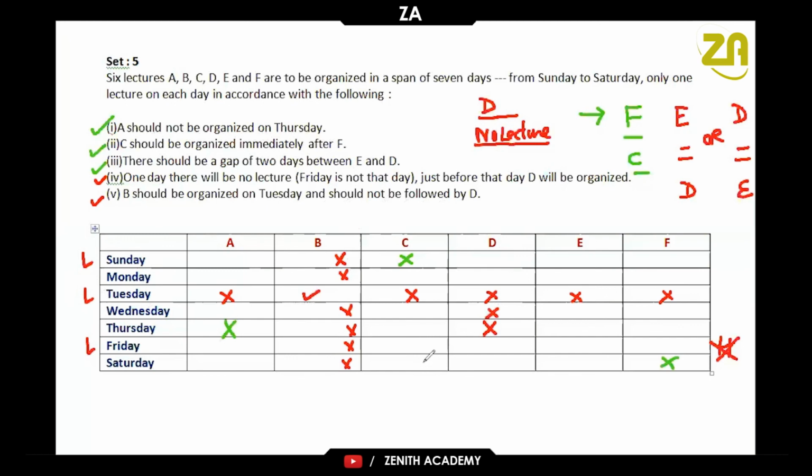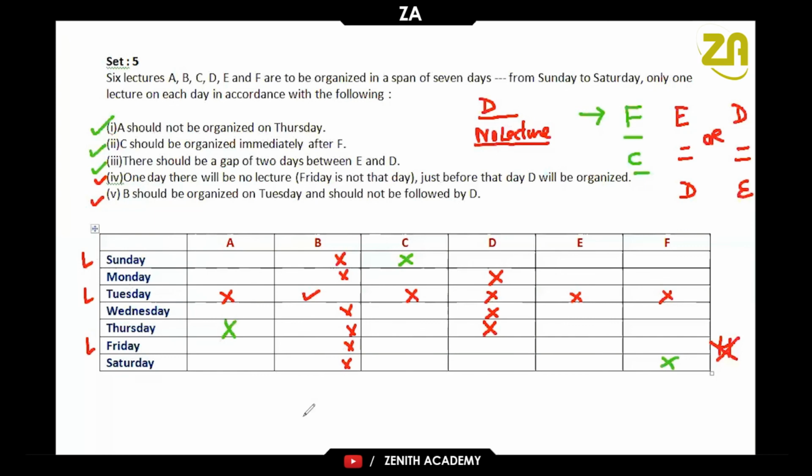Correct. Look here. D lecture is only possible before a holiday, and Tuesday is a lecture day. It's not a holiday. It means D is not possible on Monday also.